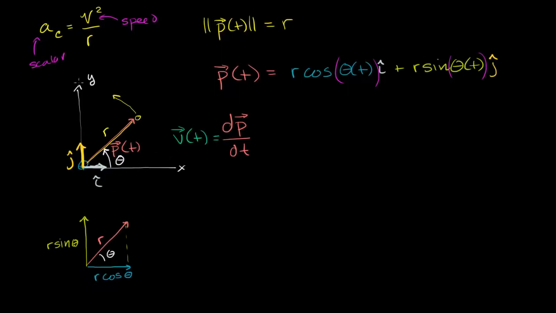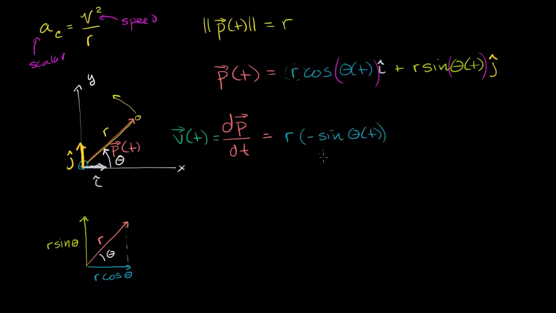And it's going to be equal to, we just have to take the derivative of each of these parts with respect to time. And you just do the chain rule. So you're going to have the r sit outside. That's just a constant. So you're going to have r times the derivative of cosine of theta of t with respect to theta of t. So I'm just doing the chain rule right over here. That's going to be negative sine of theta of t.